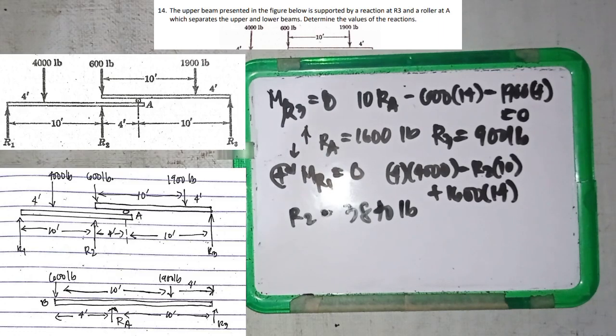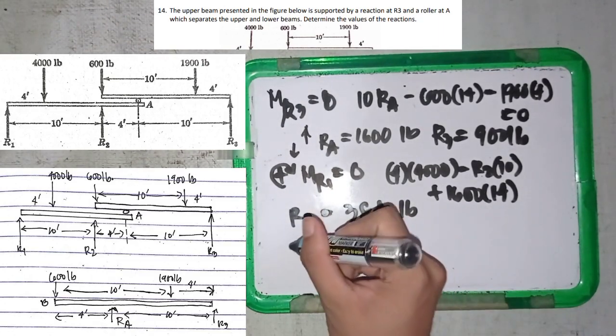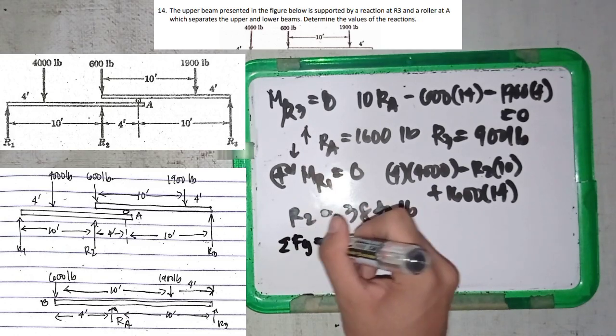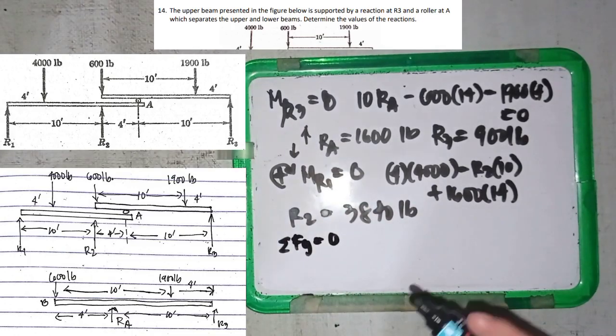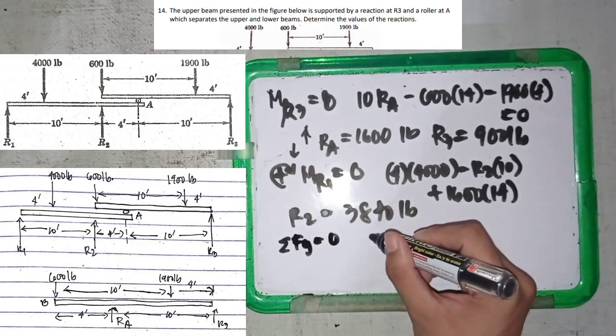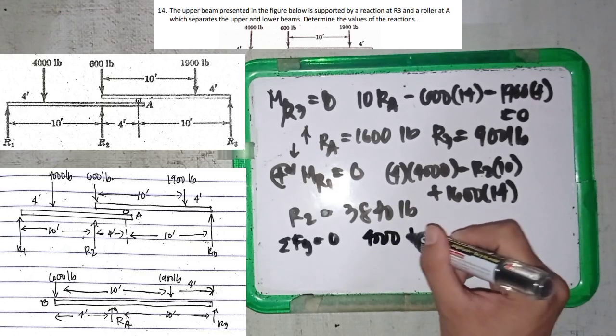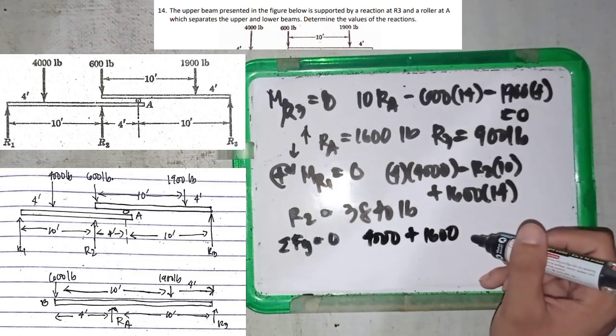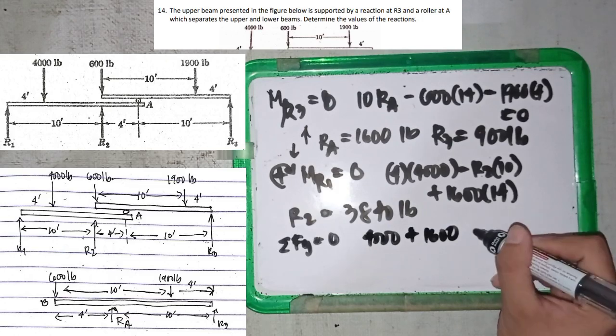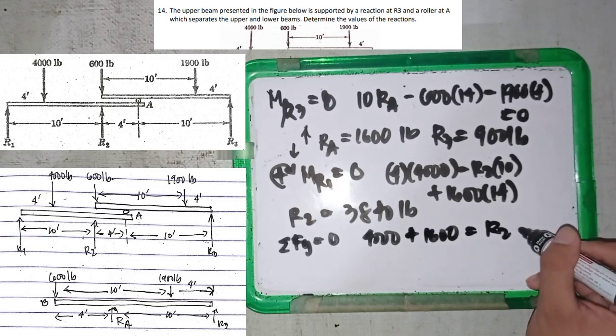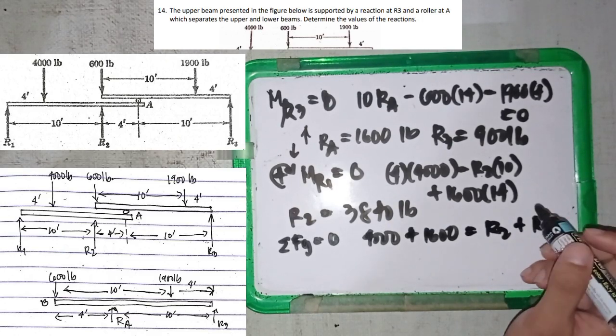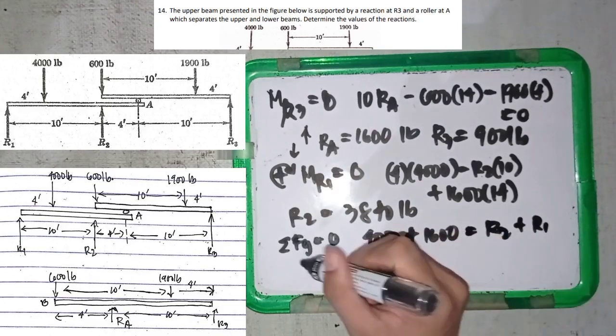Lastly, we are going to total all the vertical forces. The sum of Fy is equal to 0, for the second beam: 4,000 pounds plus 1,600 pounds is equal to R2 plus R1. Since R1 is missing, we can isolate R1.